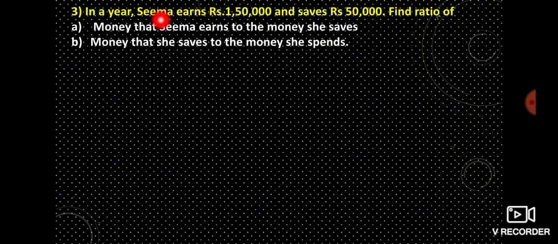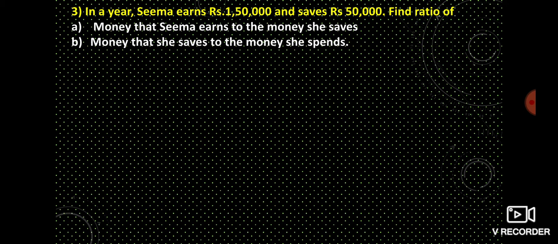Next question, question 3. In a year, Seema earns rupees 1,50,000 and saves rupees 50,000. Find the ratio of the following. Here, Seema earns 1,50,000 and her saving is 50,000. Then where is the remaining 1 lakh rupees?